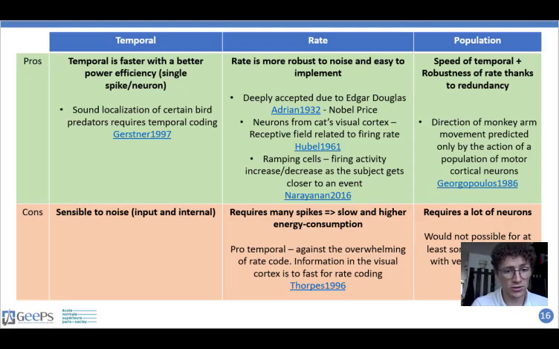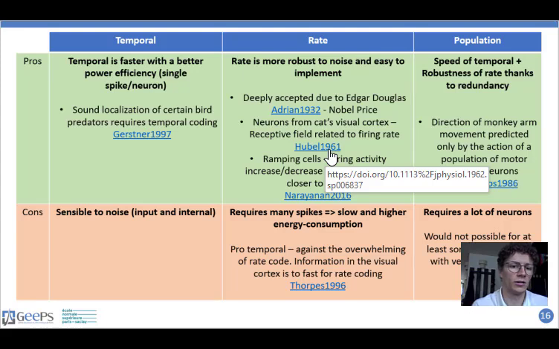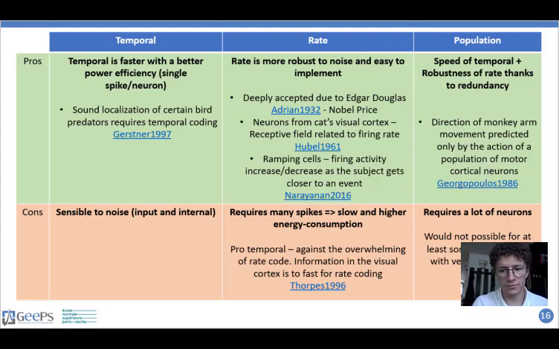And there are also many other famous papers, like the one from Hubel in 1961, where he studied neurons from cats' visual cortex, and he found receptive fields and the fact that the firing rate of neurons is related to different visual stimuli.